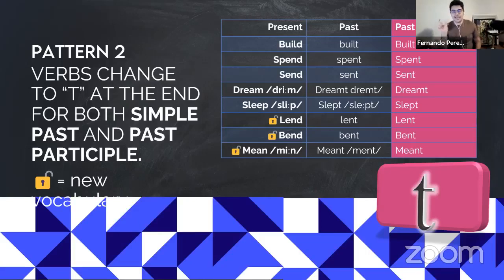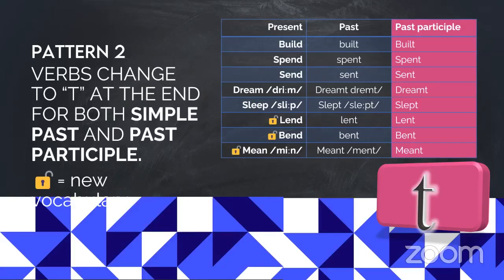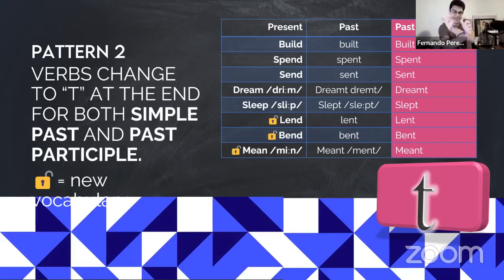In English, descriptions go before the word. So you don't say the car red, you say the red car. So castillos de arena in English, sand castles. That's correct. This is correction number 1.